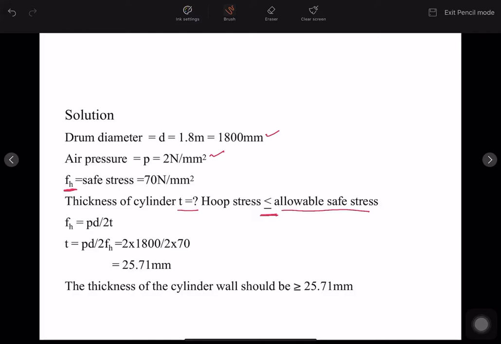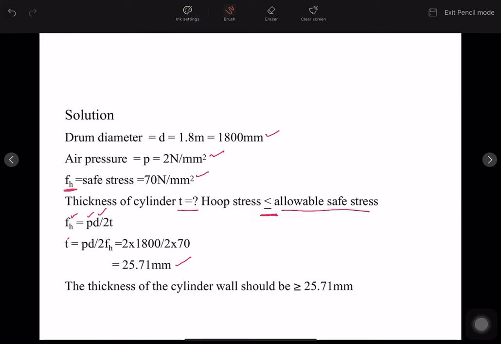Now, substituting the hoop stress value, PD by 2t, we have the P value, D value, and the hoop stress value, that is 70, and here we need to calculate t. So 2 into 1800 by 2 into 70 gives us 25.75 mm.